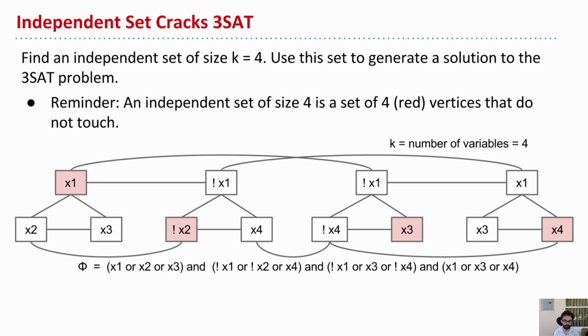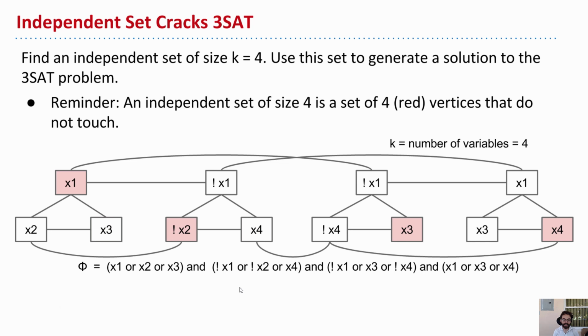Let's see another one. I could have also done x1, not x2, x3, and x4. So I'm saying all 4 of these things are true, and that will also satisfy my expression. So x1 true, x2 false, x3 true, x4 true. So that's another solution. It's no better or worse than the other one, and both of them are fine.